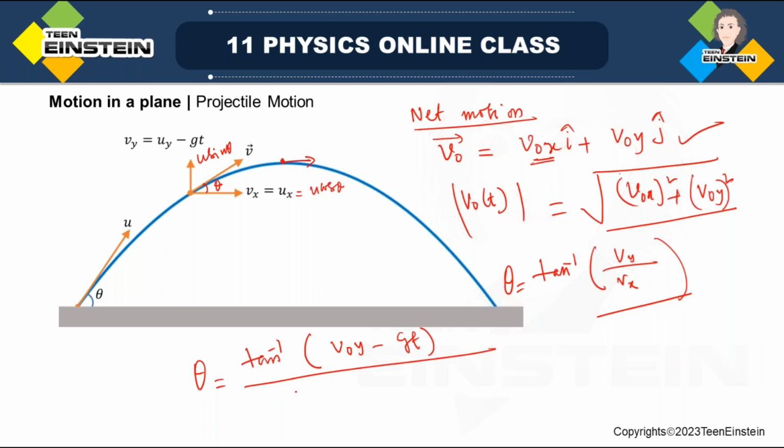This will be tan inverse of V0 y minus gt over V0 x, where V0 x is V0 cos theta, and V0 y is V0 sine theta 0.